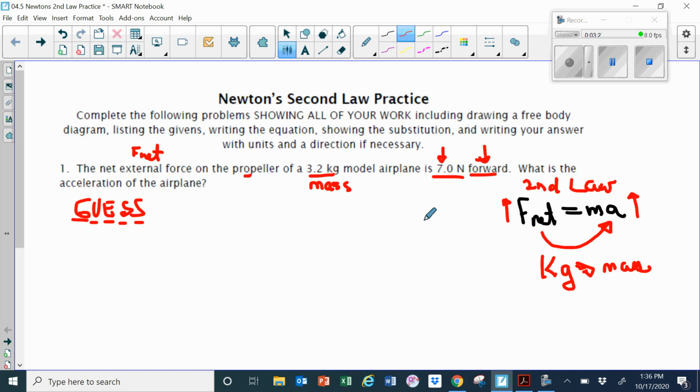Well, this isn't all that complicated a problem, is it? So first of all, what's given? Well, we know that the net external force on this airplane is equal to 7.0 newtons forward.